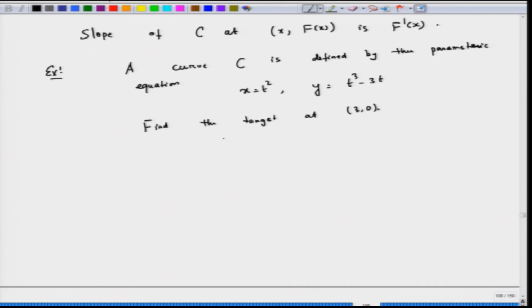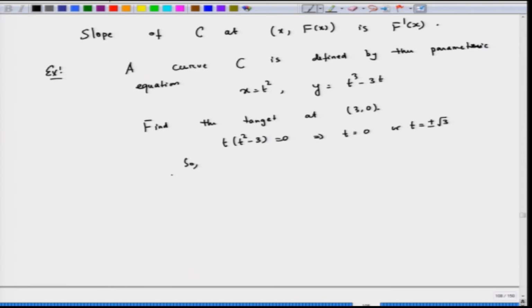So therefore t into (t squared minus 3) is equal to 0. This implies that t equal to 0 or t equal to plus or minus root 3. Right. Now if t is equal to 0, x is equal to 0, but we are interested in (3, 0).